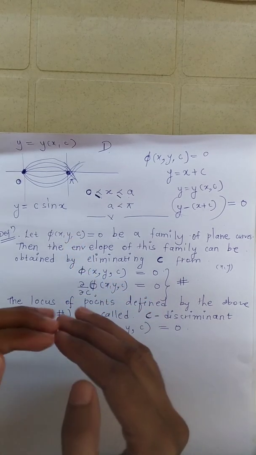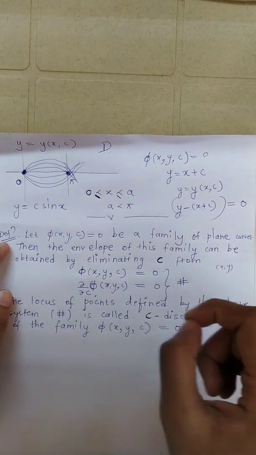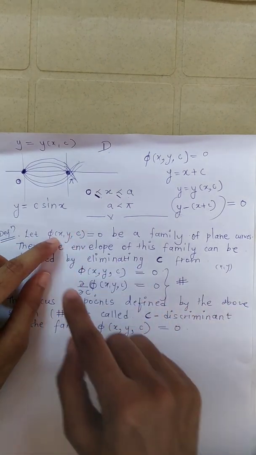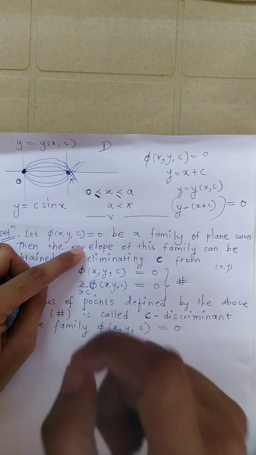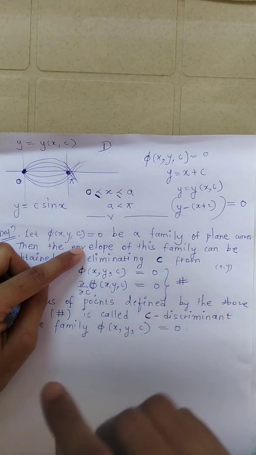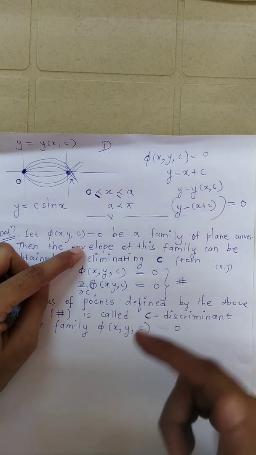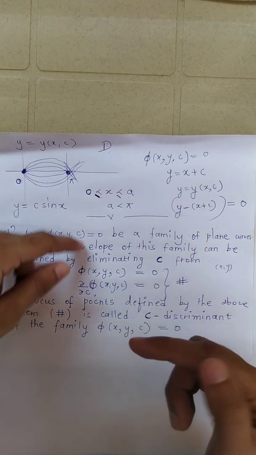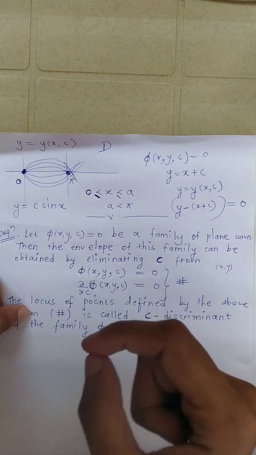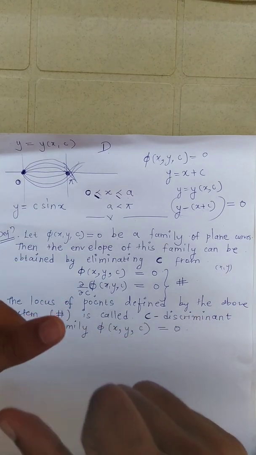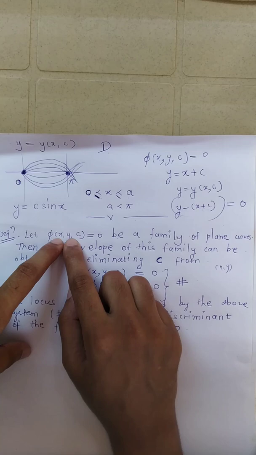So the envelope means a curve; this family will have many curves, and the envelope is a curve each point of which will touch one of the members of this family.